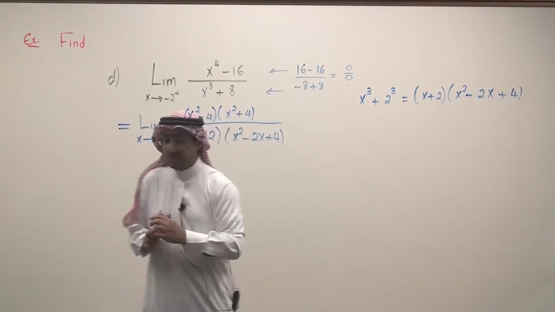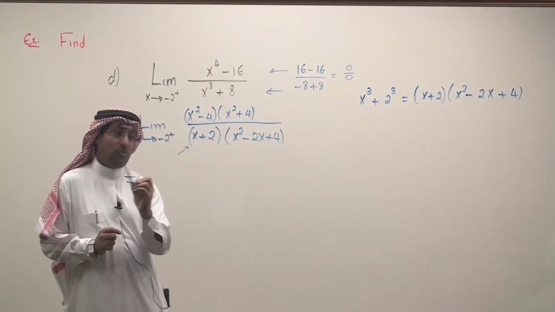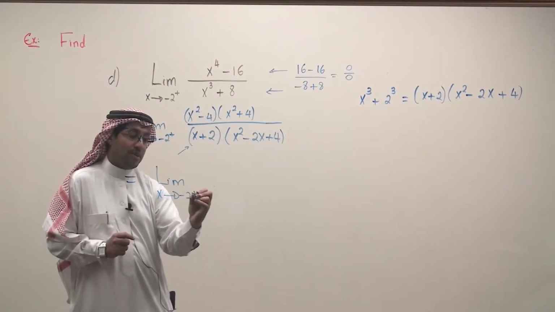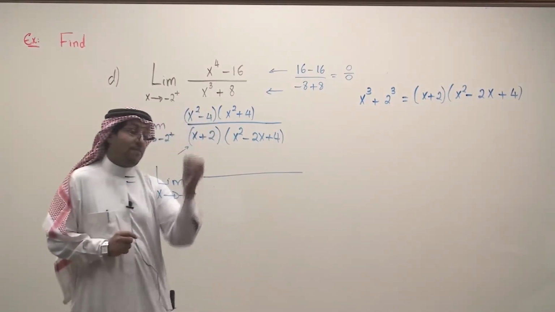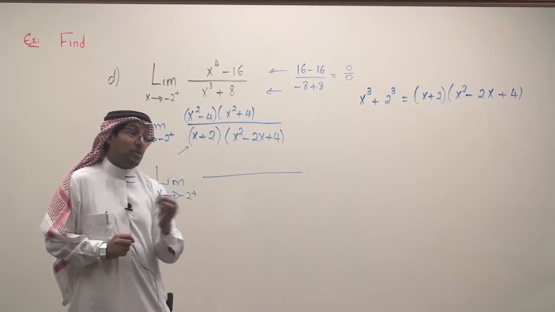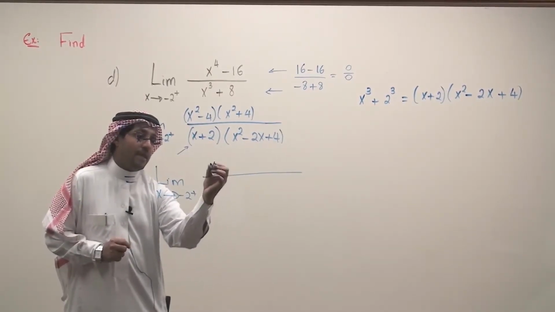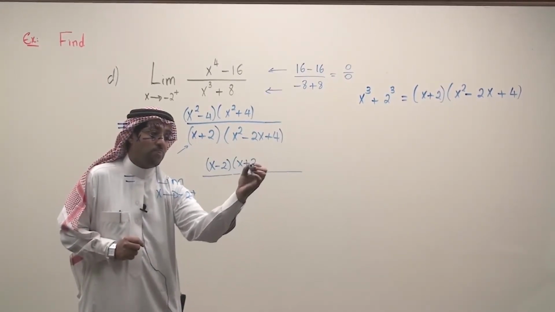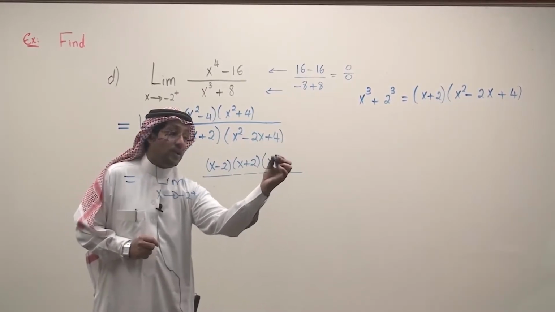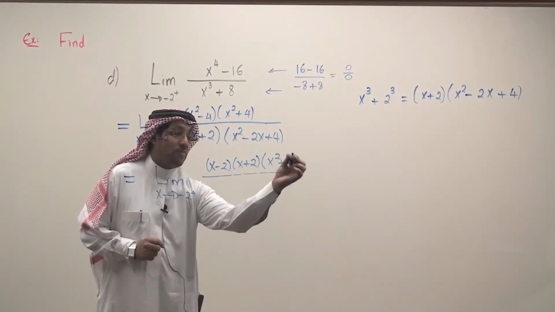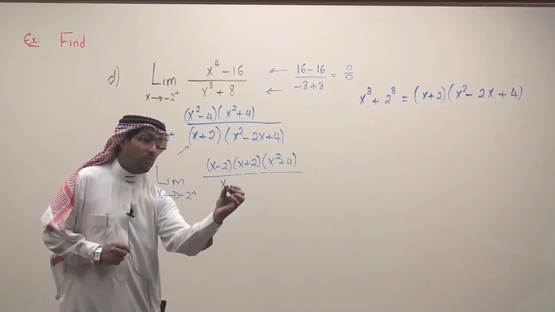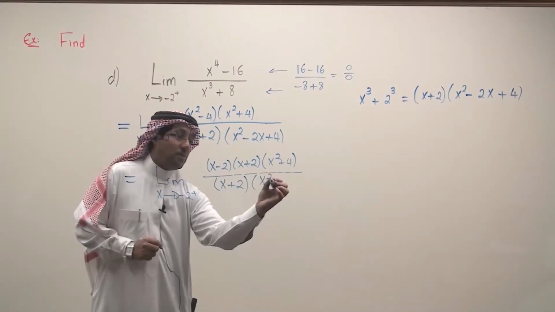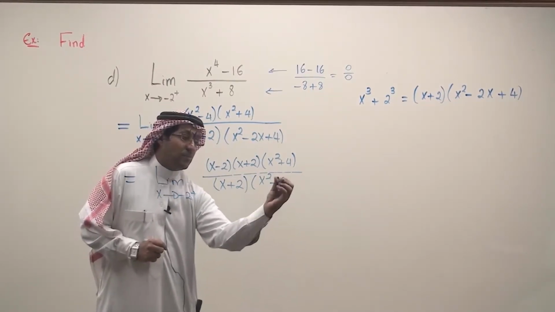So let's do that. This one is equal to the limit as x goes to negative 2 from the right-hand side of, I will factor x squared minus 4, so it will be x minus 2 times x plus 2 times x squared plus 4, divided by x plus 2 times x squared minus 2x plus 4.